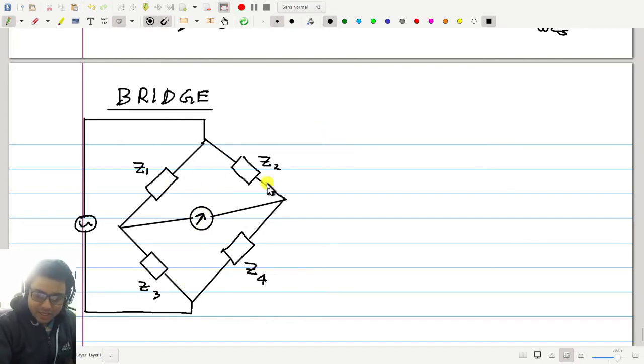And then we can always derive the balance equation. At balance, we know this potential and this potential will be the same.